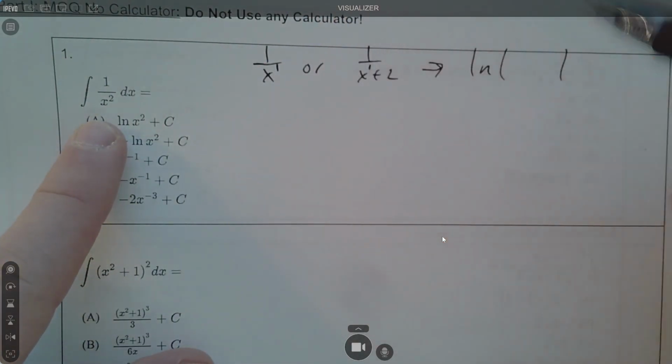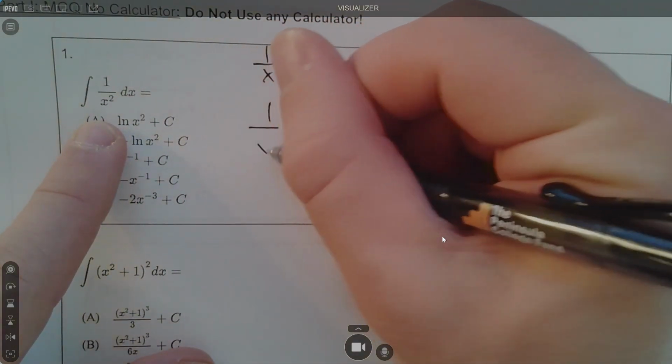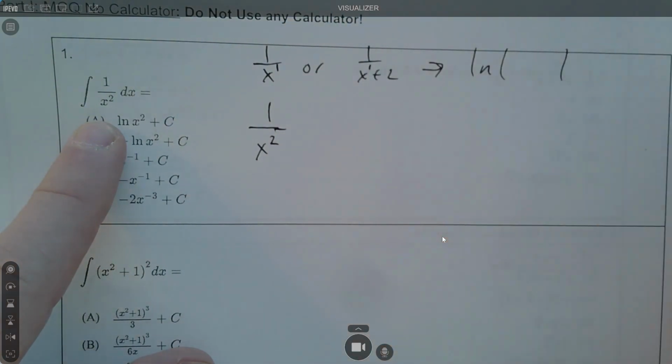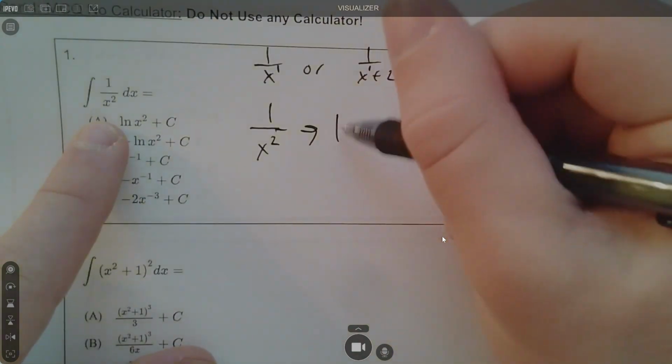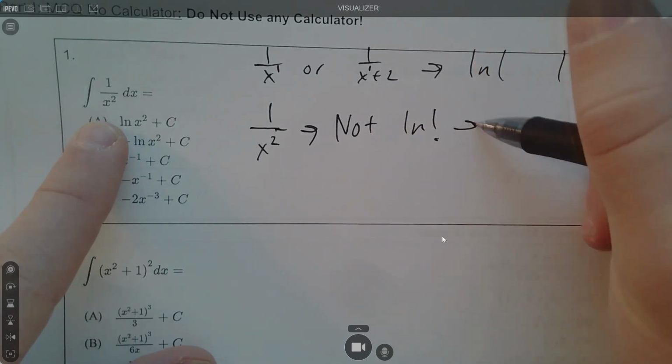But if the power is anything other than 1, for example 1 over x squared, that is not ln. This is not the natural log. You got to convert it.